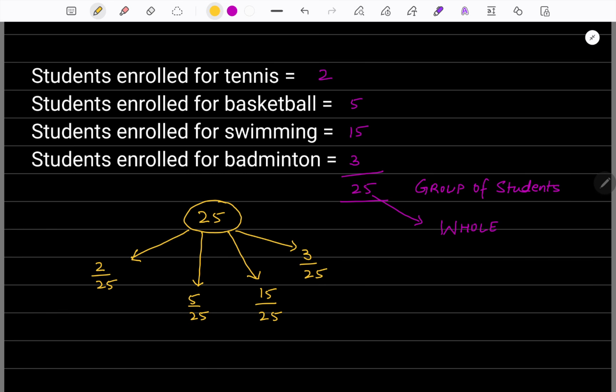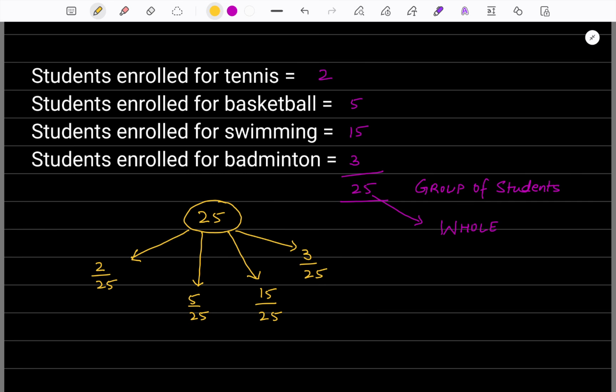So here 25 is the group, that is the whole, and 2 out of 25 are enrolling for tennis, 5 for basketball, 15 for swimming, and 3 for badminton. So we are seeing that here the whole is 25 and each student is representing a part of the whole, that is the group of students.